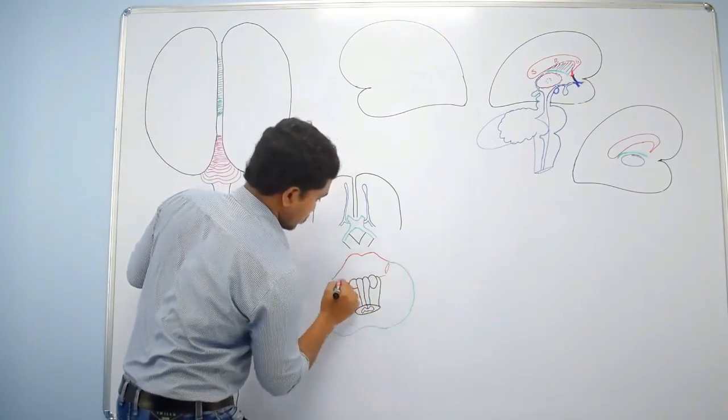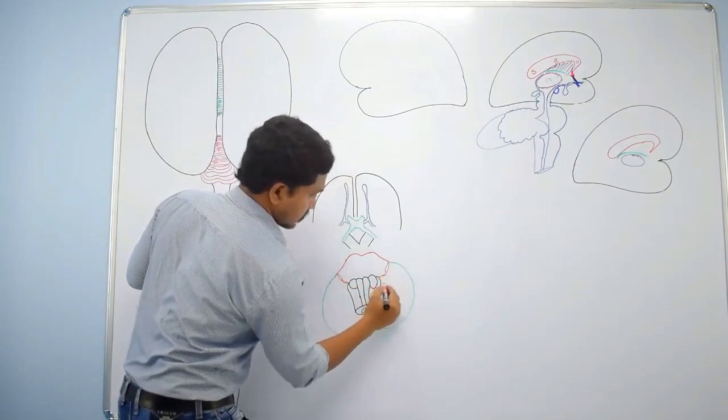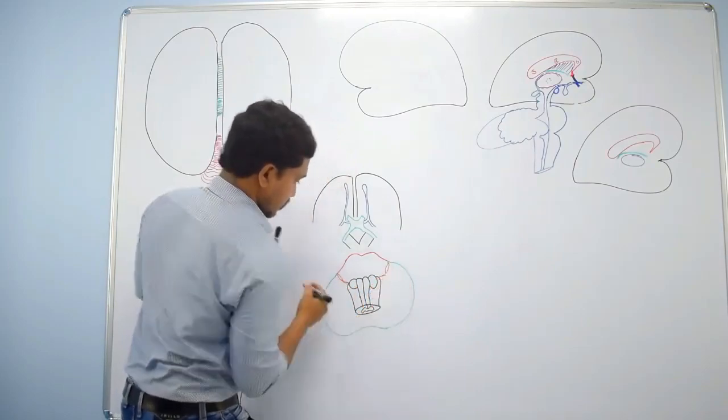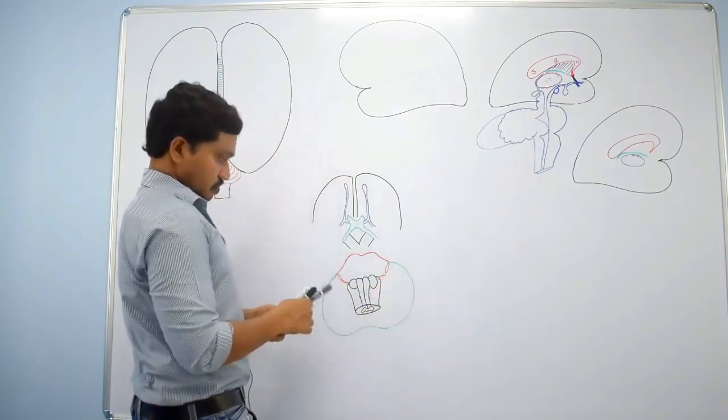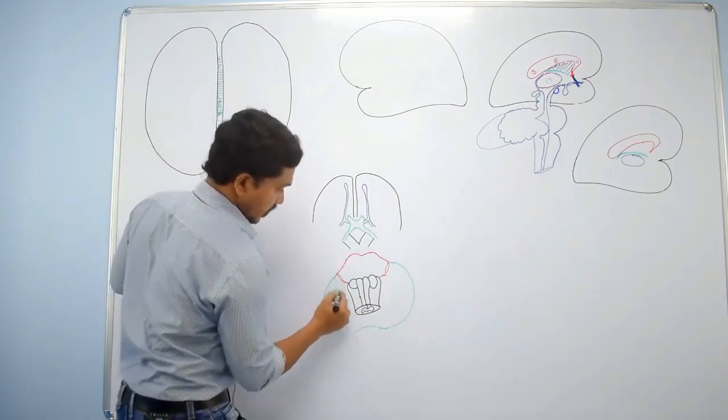This is pons and this is cerebellum. In the cerebellum, you can draw some folia.